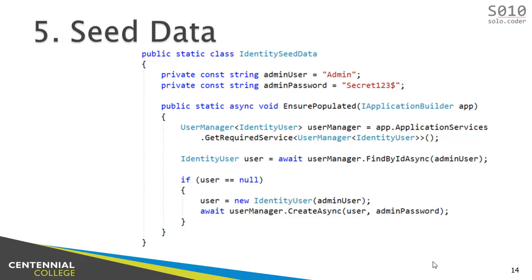Okay? If the user does not exist, it creates, and that's it. The second time I run this code, the user will exist, and we don't create it anymore. So this is just to create for the very first time. Okay.